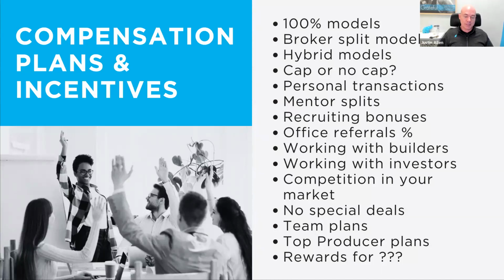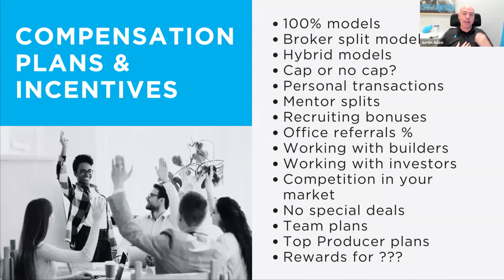Competition in your market, like I was saying before: just get a general overview of what everybody else is doing. You don't have to do what they're doing. Just make sure that whatever you're providing, the agent sees the same amount in value. Whatever they're paying in, make sure they get the same amount or more, that you exceed it in value.